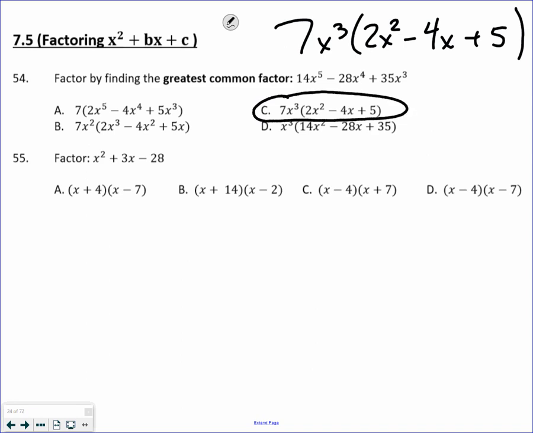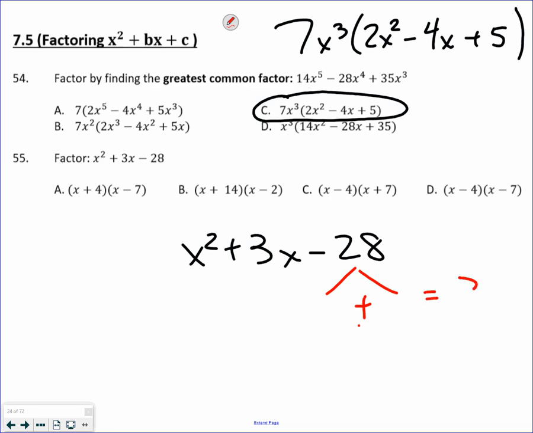All right, factoring x squared plus 3x minus 28. You'll notice there's no number in front of the x squared. So all you need to do are factors of negative 28 that would add up to positive 3. For those of you that struggle on your times table, please make sure you go through and try to come up with the number that will work here.